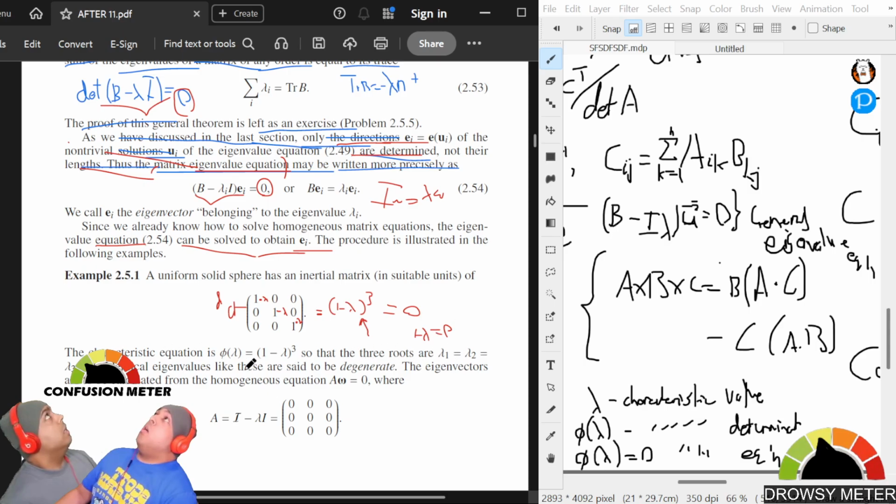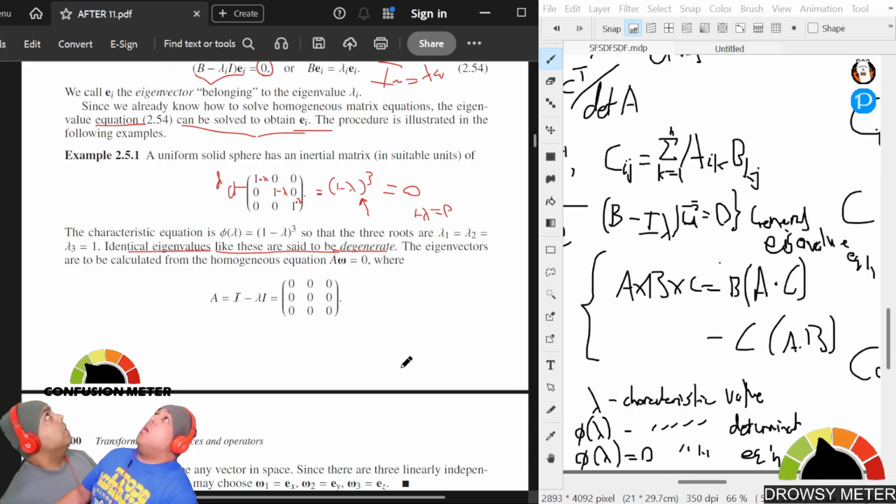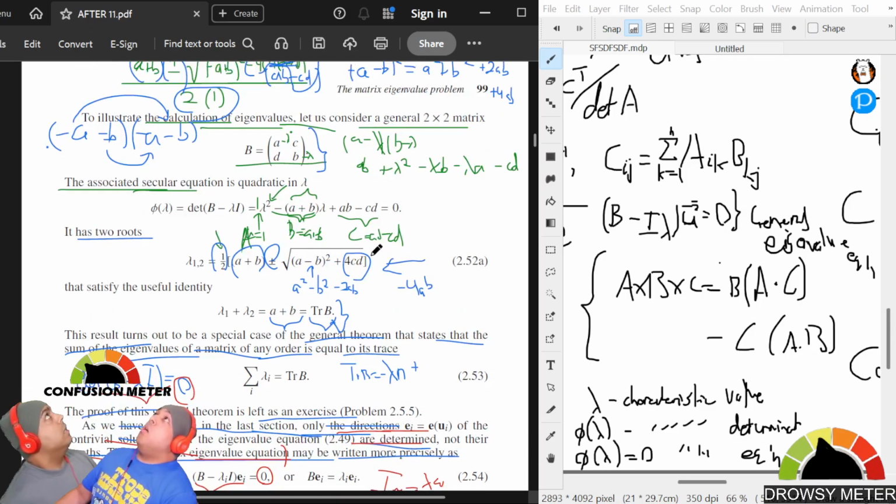So the true roots, identical eigenvalues like these, are said to be degenerate. The eigenvectors are calculated from the homogeneous equation.